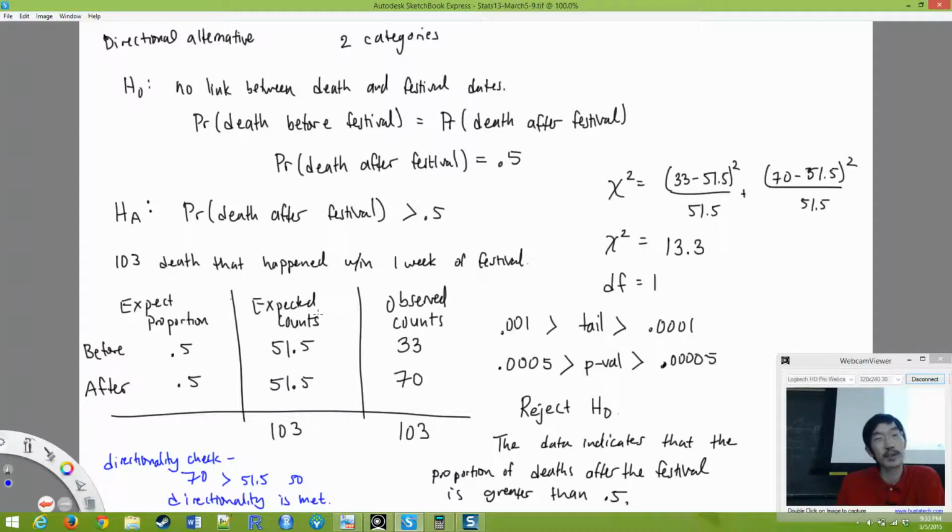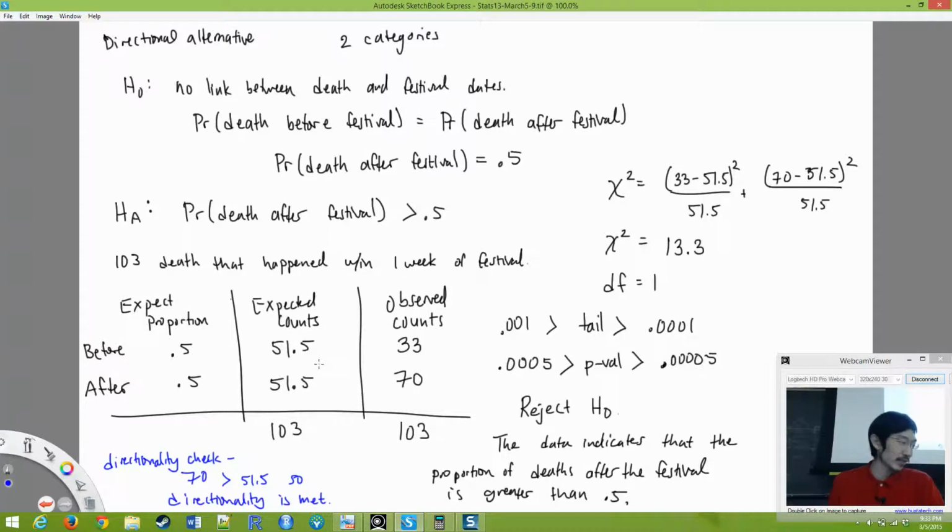If they're not, you're going to have to read through the problem to figure out what your expected proportions are, and then you can get your expected counts.